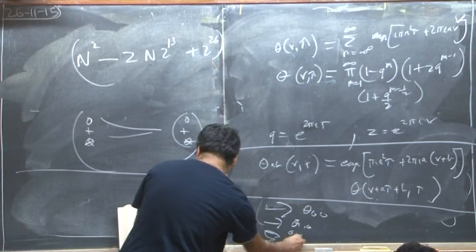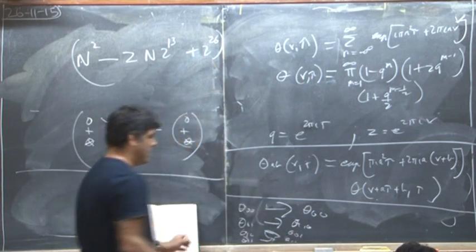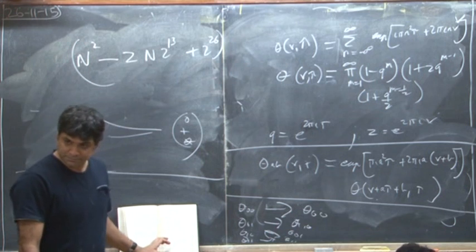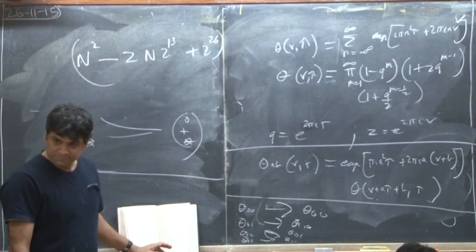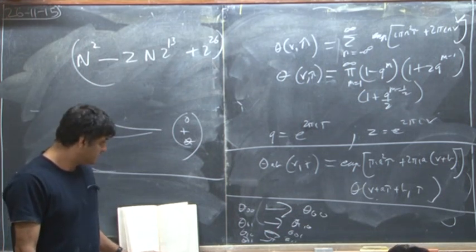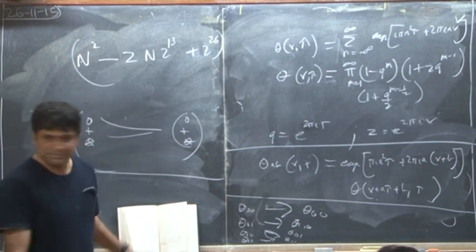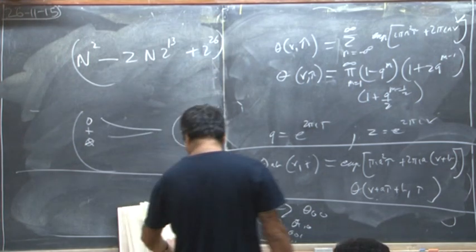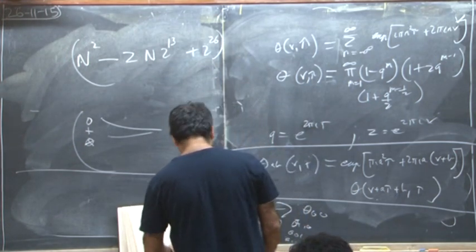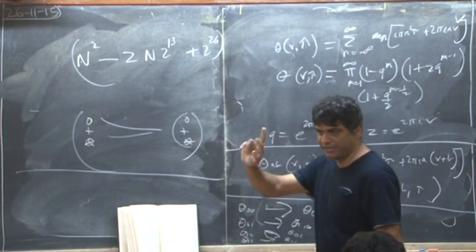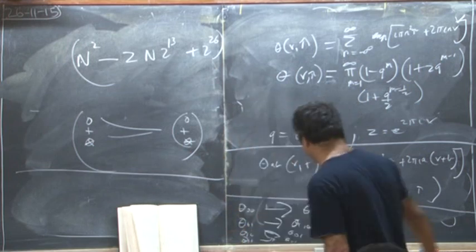So both of the basic modular transformations take just this; there is no linear combination. I was talking about tau goes to minus 1 by tau. The other one is more trivial. The one of interest is tau goes to minus 1 by tau.